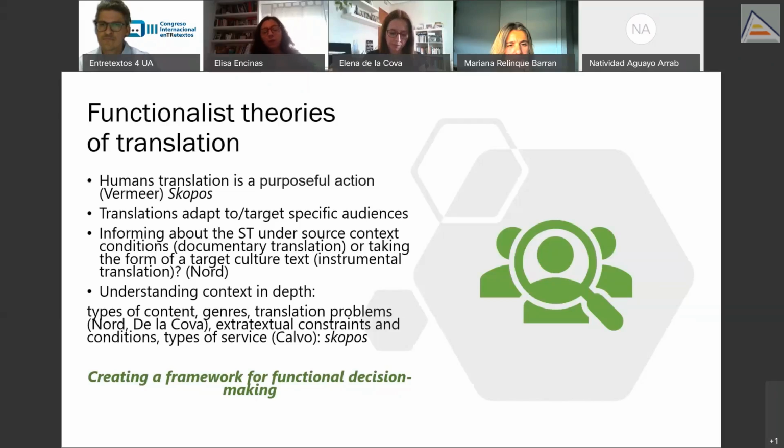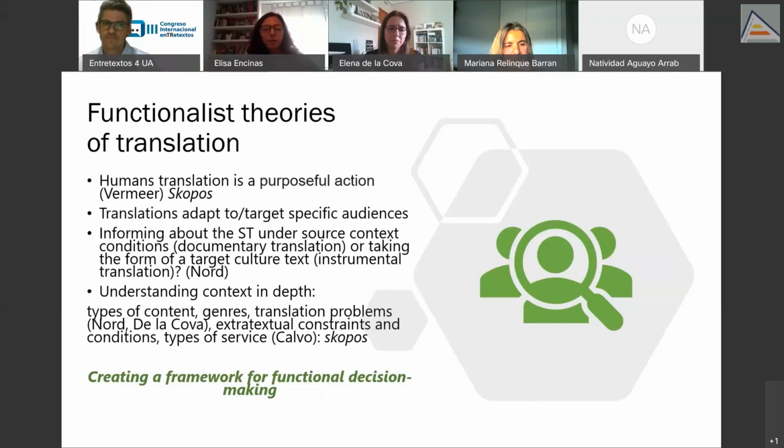The aim of this is just helping students understand context in depth, understanding types of content, different genres, the notion of translation problems that my colleagues have been talking about just now, my colleagues de la Cova and Relinque, and also understanding extra-textual constraints and conditions.